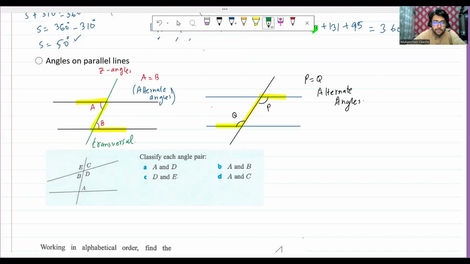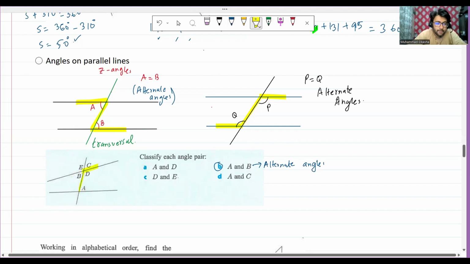Now let's think about this pair. If I were to form a Z over here, which angles are alternate pairs? Angle B and angle A, right? So A and B we'll name as alternate angles. Can I form another Z? I can try forming an opposite Z, for example, here.